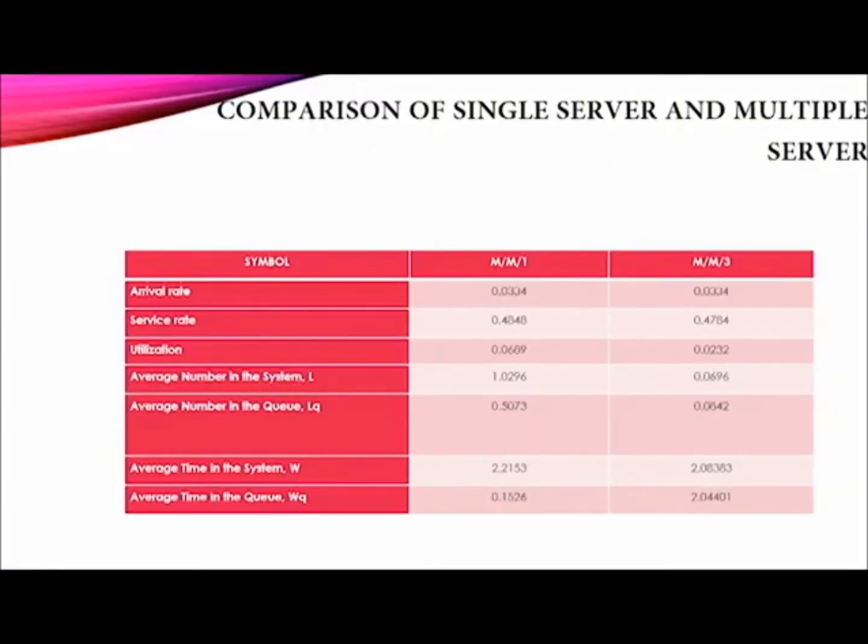We can see instantly that M3 is quite good. Same for the average time in the queue, where M1 has 2.1526, while for M3 it is 2.04401.